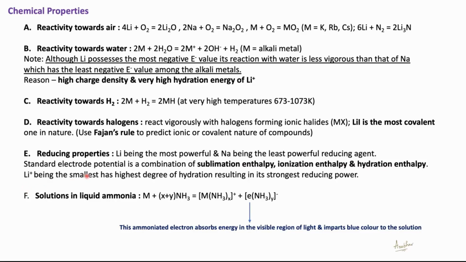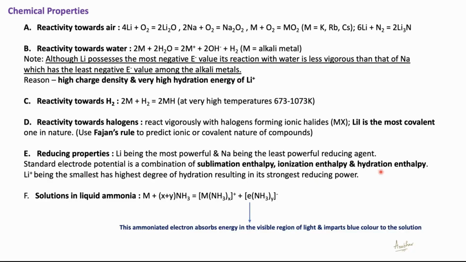That's why the reducing power of lithium is the highest one. Since it is a combination of all the factors, these are experimentally obtained data. Experimentally, the summation value for sodium plus is the smallest among all the alkali metals. That's why Na is the least powerful reducing agent.